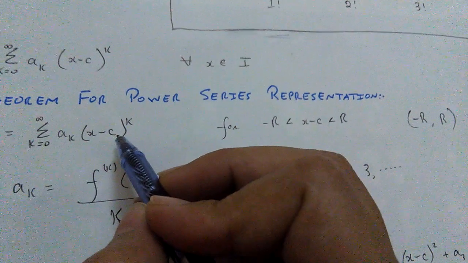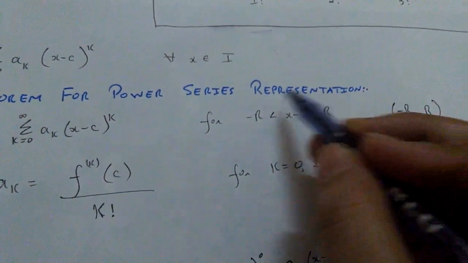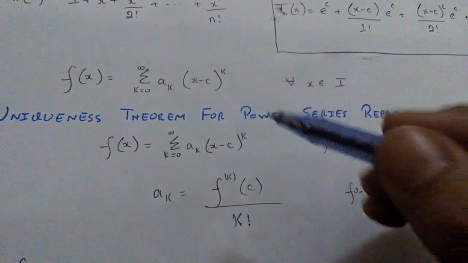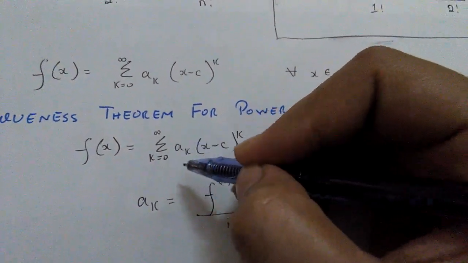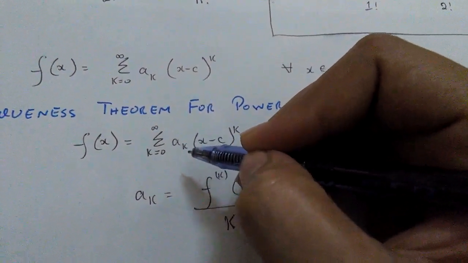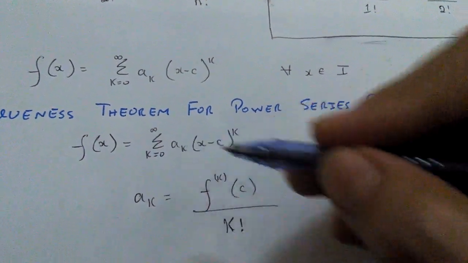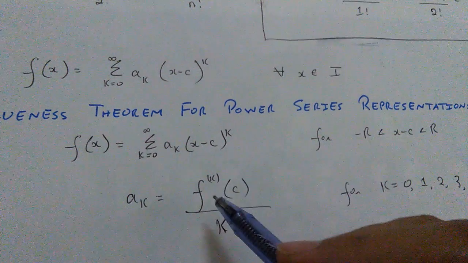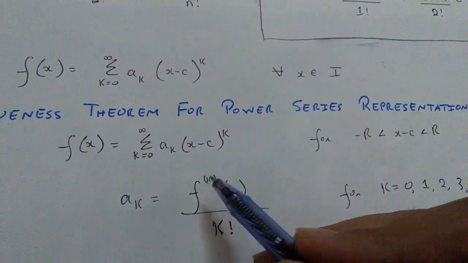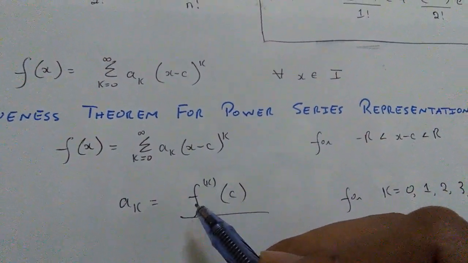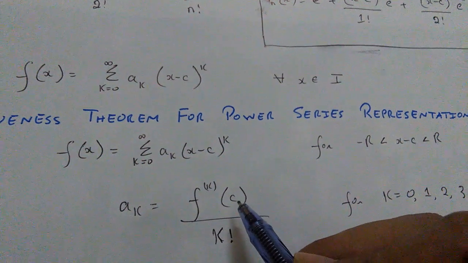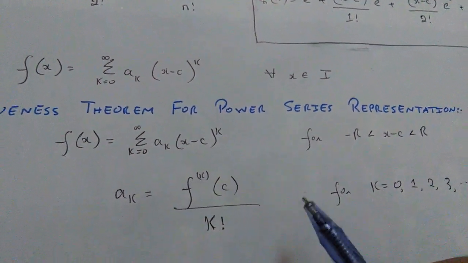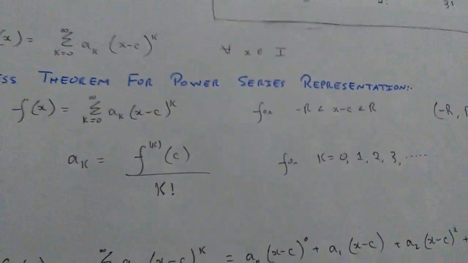The uniqueness theorem says that the coefficients a subscript k are expressed by means of the derivative of the function f of x at point c, for all k belonging to 0, 1, 2, 3, and so on up to infinity, the natural numbers.